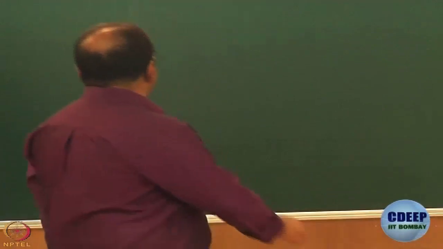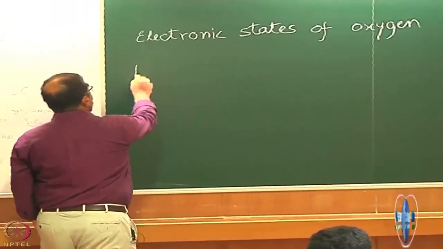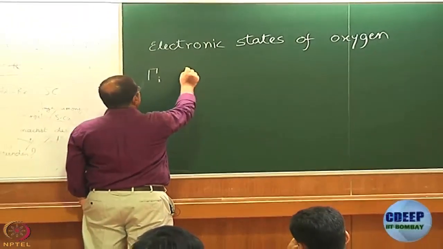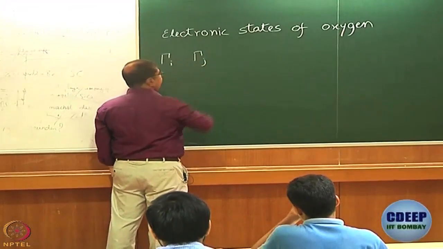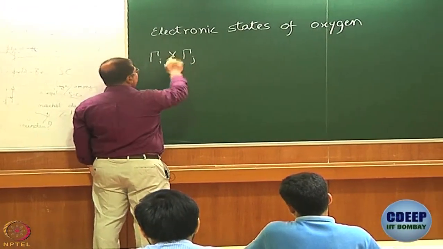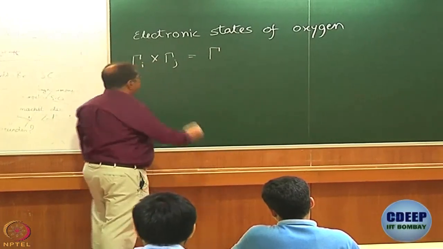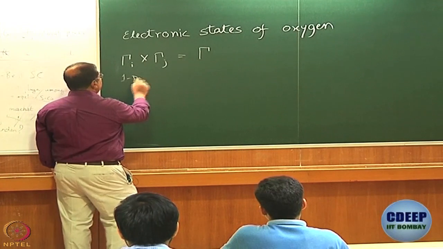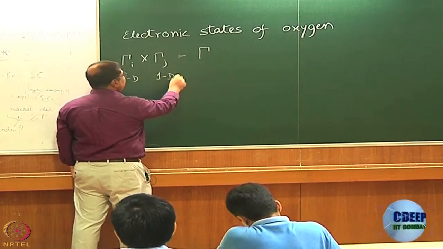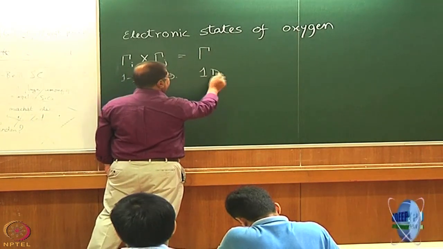I have two irreducible representations, say gamma i and gamma j. If I take a direct product of these to get something, gamma, then if this is one dimensional and this is also one dimensional, then the product is one dimensional.